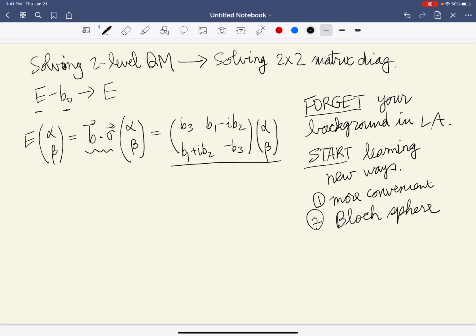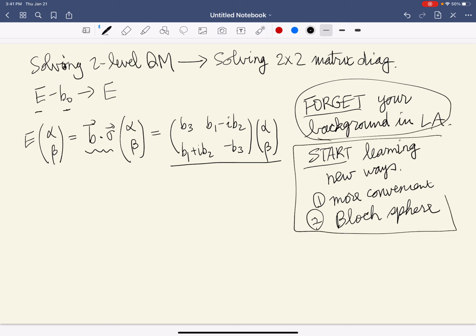And the method I'm going to show you from now has a most explicit connection to the idea of a Bloch sphere. Okay, so that's why I want you to forget about the old ways and learn the new ways. Okay, so here's the new ways.